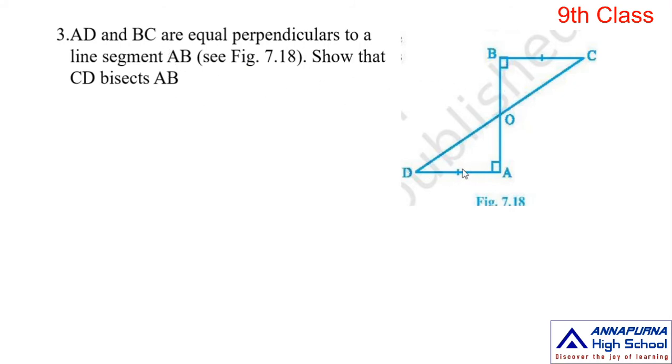AD is perpendicular to AB and BC is perpendicular to AB. We have to show that CD bisects AB. Start the solution.